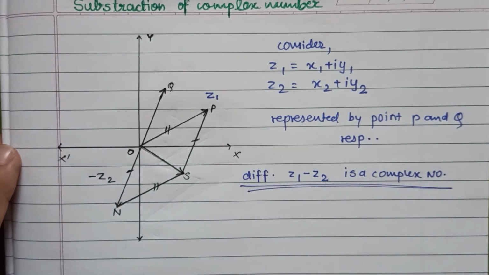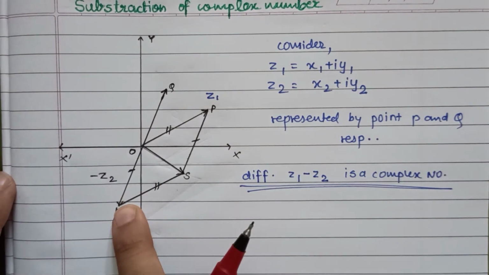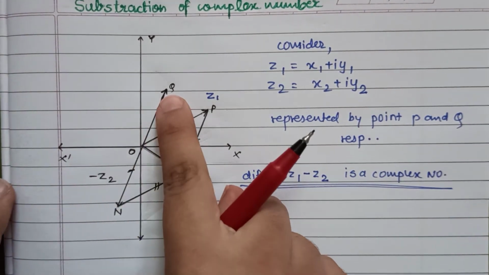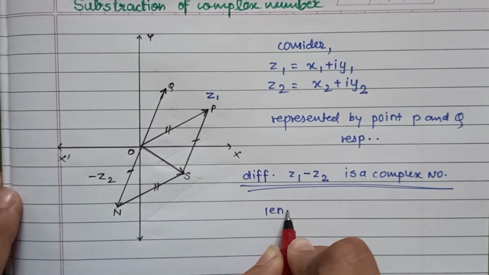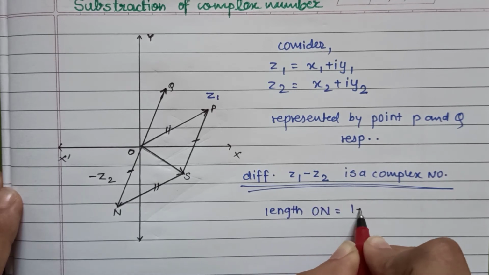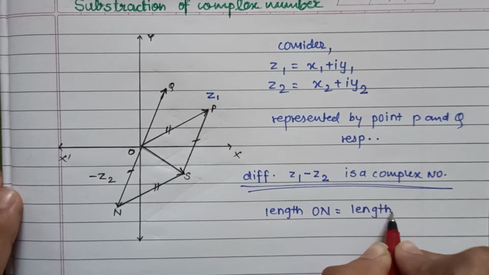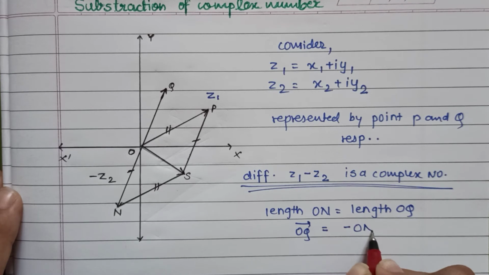In figure, length ON is equal to length OQ, but vector OQ is equal to minus vector ON.